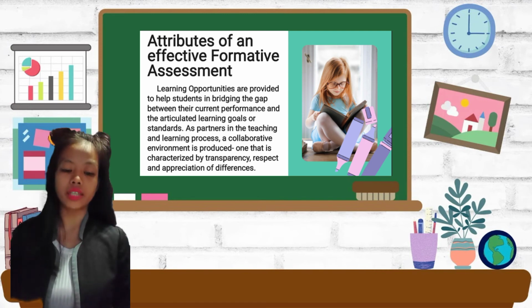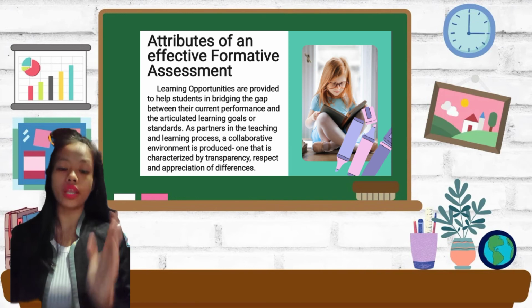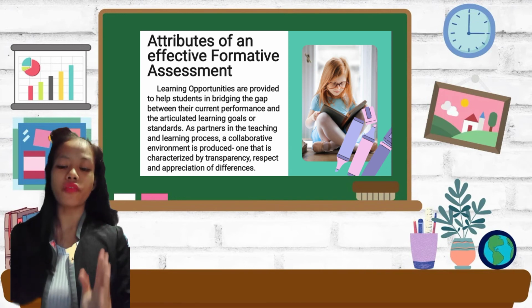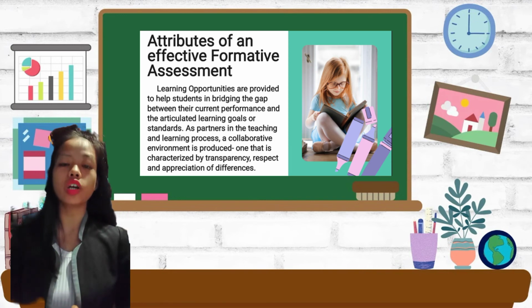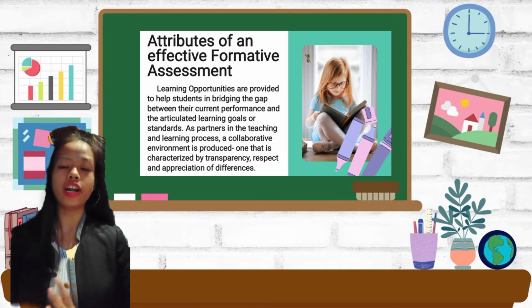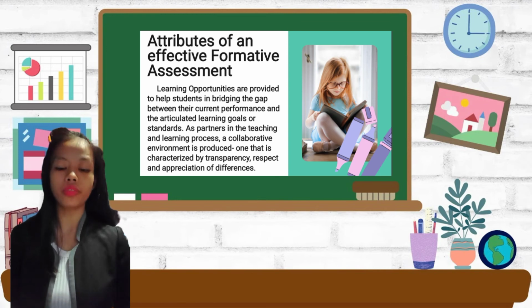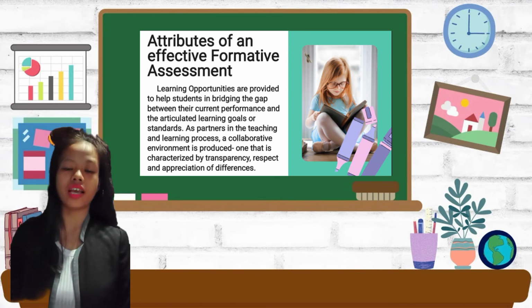Learning opportunities are provided to help students bridge the gap between their current performance and the articulated learning goals or standards. As partners in the teaching and learning process, a collaborative environment is produced, one characterized by transparency, respect, and the appreciation of differences.